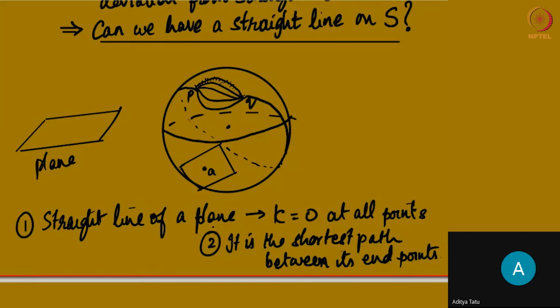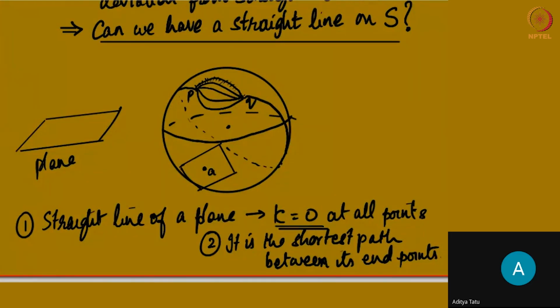So let's try to tackle both these issues. One is basically the way you have defined curvature, you're never going to have a curve which has zero curvature. I'm talking of a general surface. Of course, if your surface is flat, then yes, you will have, but in general, you'll never have a surface which is flat, and therefore you cannot expect to have a curve which has zero curvature at all points.